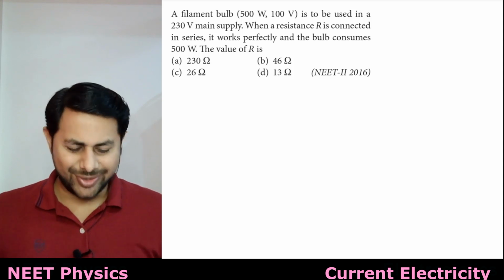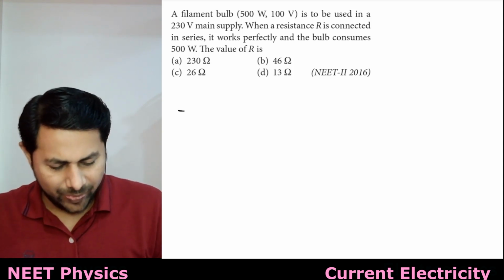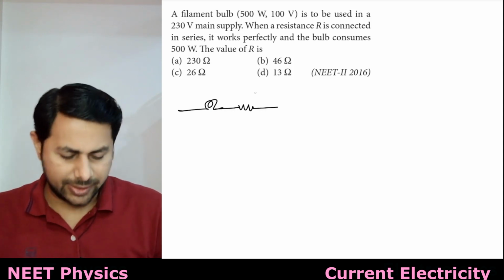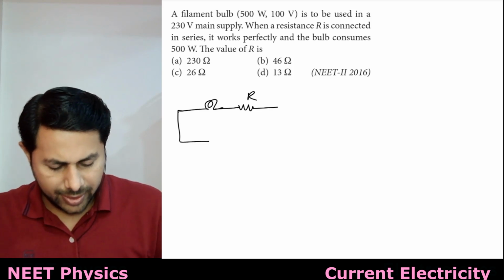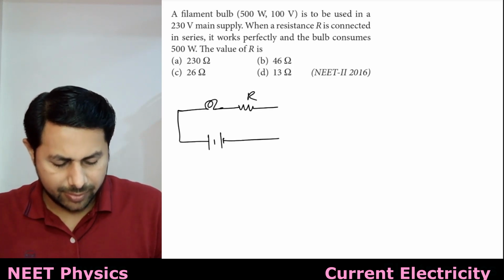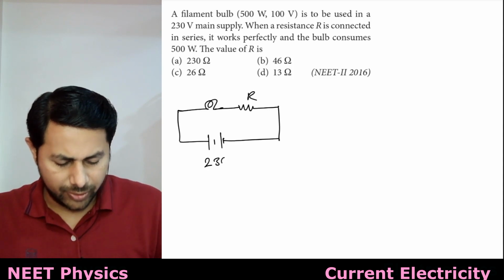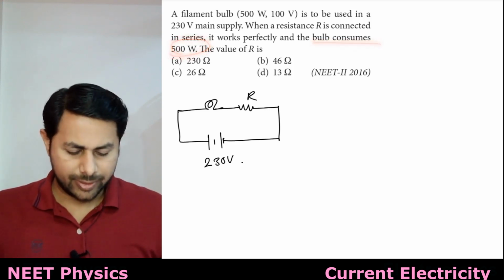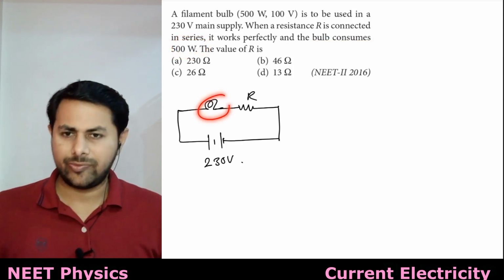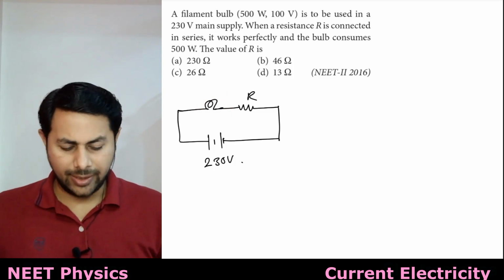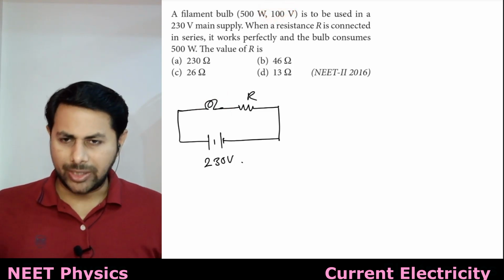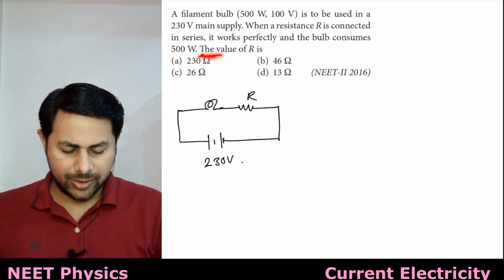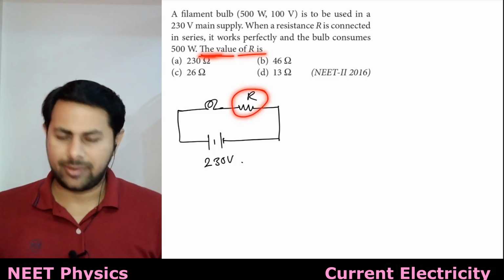So this is the bulb and this is the resistance, and this is the 230 volts mains supply, and the bulb consumes 500 watt. It means that it gets whatever it needs, right? It needs 100 volt of potential difference and it's getting that. That's why it's working perfectly. And the question is, what is the value of R?